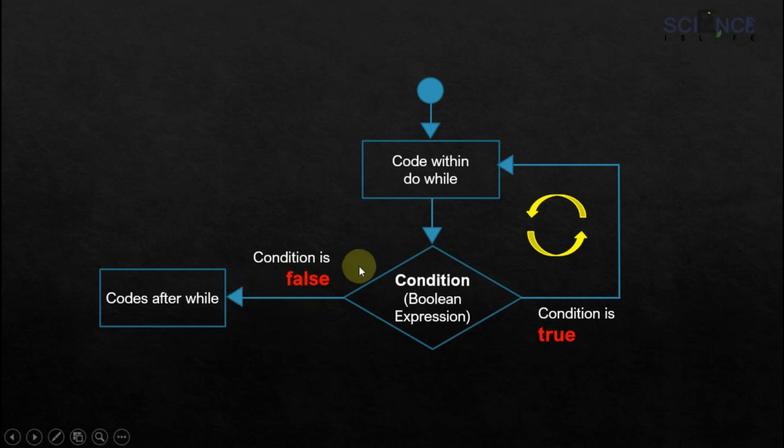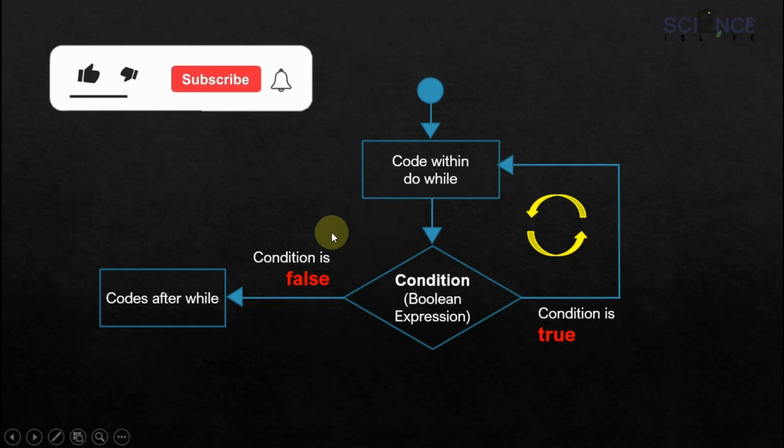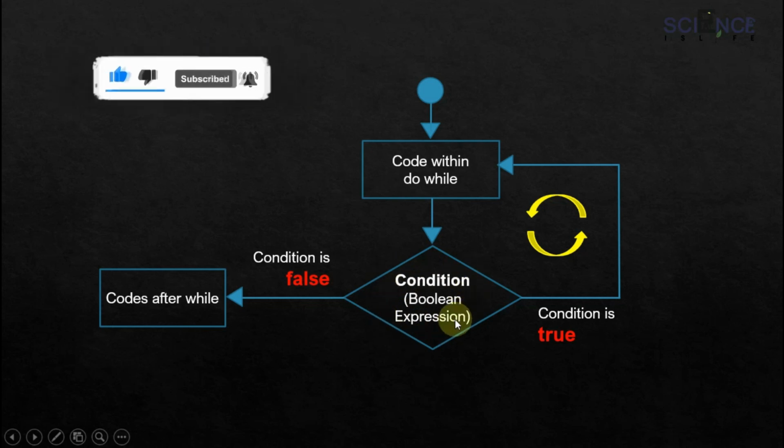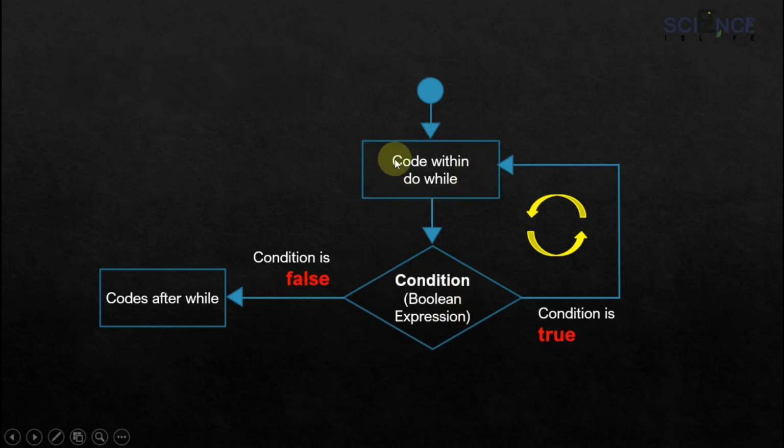Even if the condition is false, before checking the condition we are executing the code within the do while, right? After executing the code, we are checking whether the condition is false. If it is false, again we are not jumping inside this do while, right?